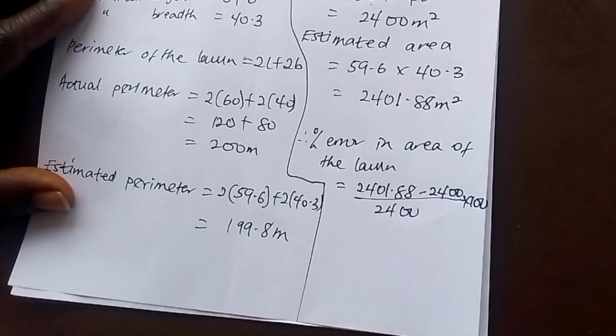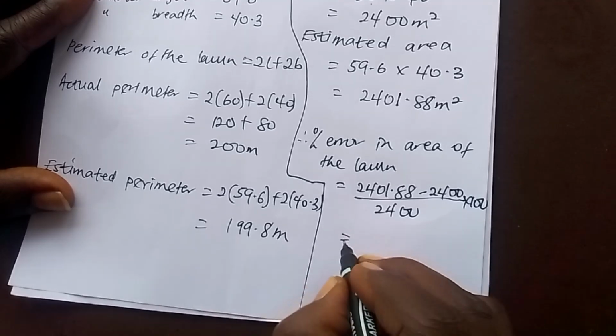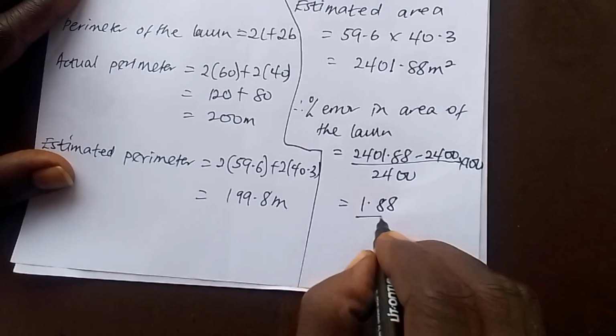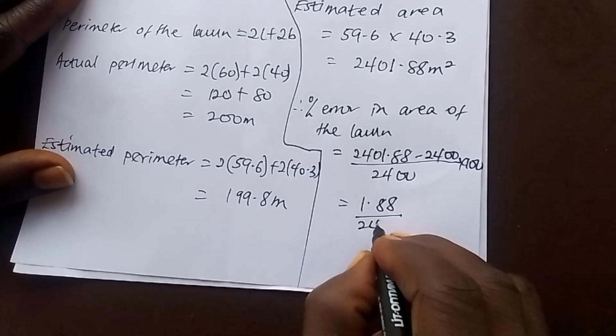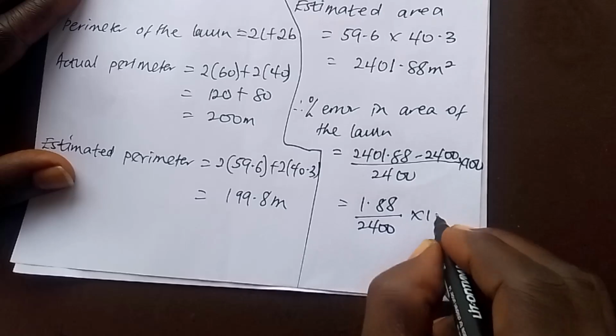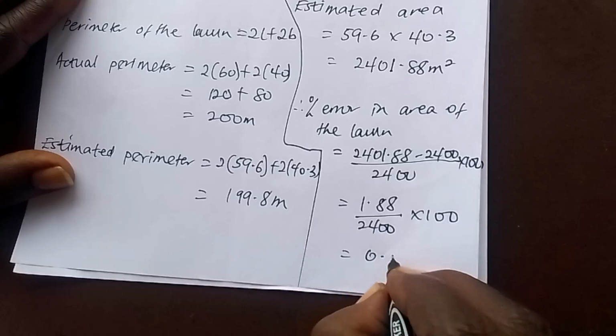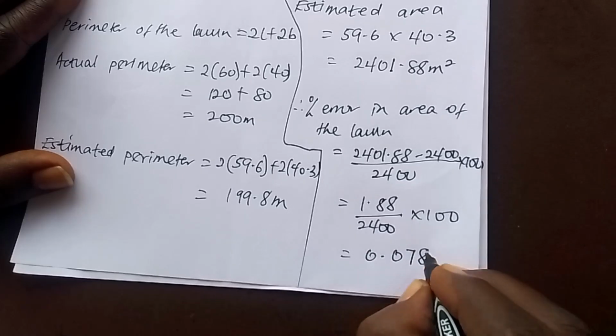So we subtract this to give us 1.88 all over 2400 times 100, which with our calculators, 1.88 divided by 2400 times 100, we are getting 0.078%.